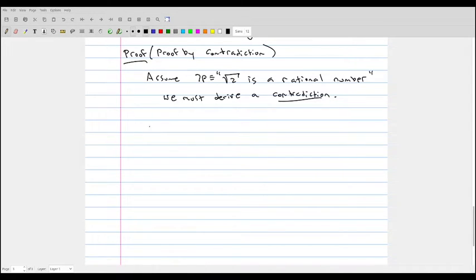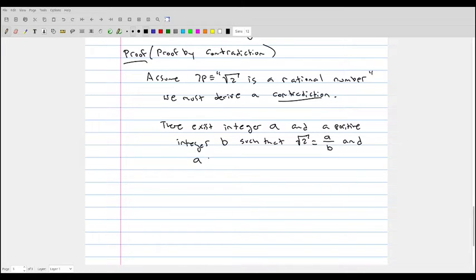If the square root of 2 is a rational number, that means that there exists an integer a and a positive integer b, such that the square root of 2 can be written as a over b, and this is one of the key points, the integers a and b are in lowest terms.